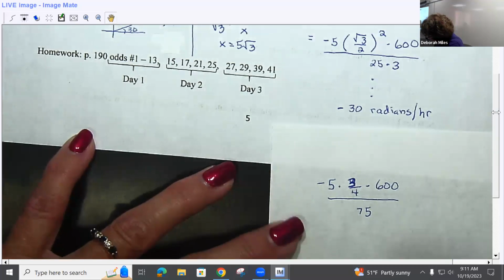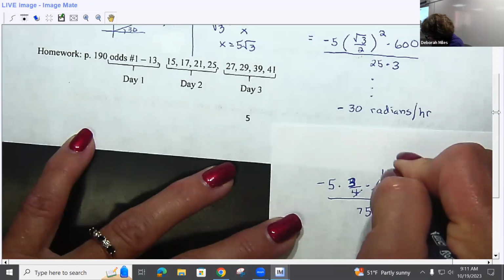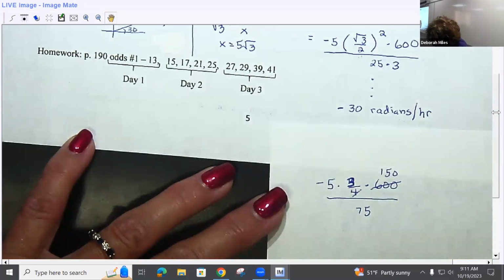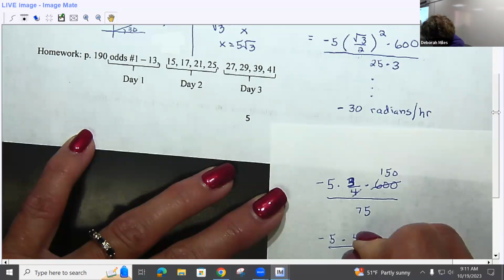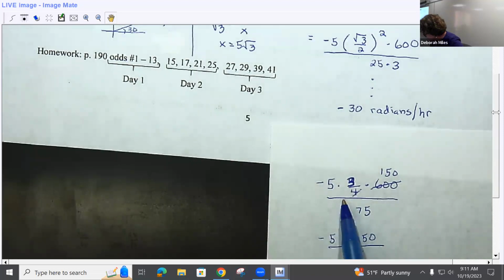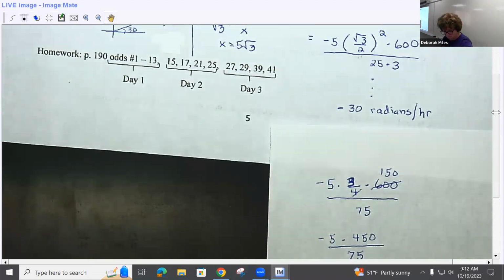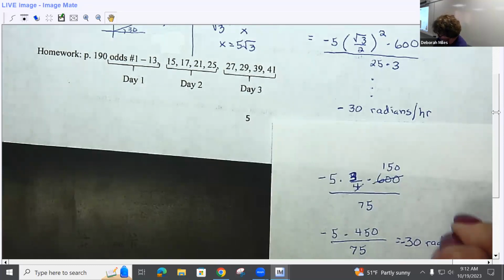I could say 4 goes into 600, 150 times. So that is -5 times 450 divided by 75. Is that right? Yeah, that's right. And then what does that turn out to be? Is that not 30? Yeah, it is 30. Okay, I get 30.